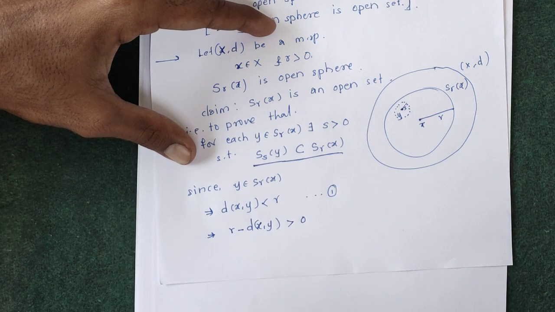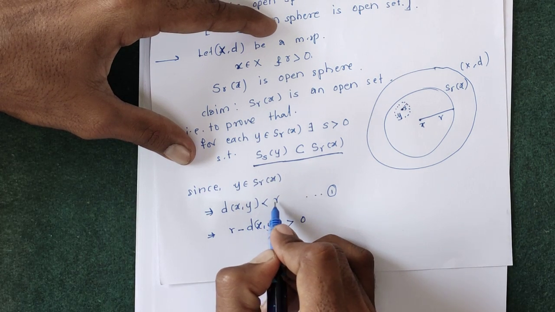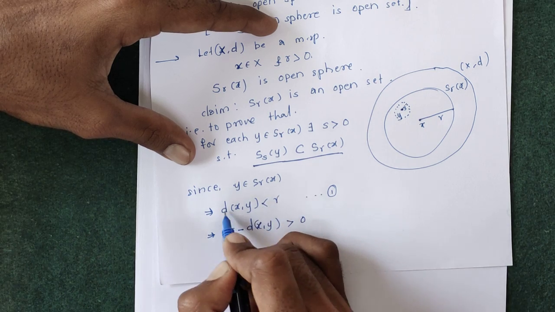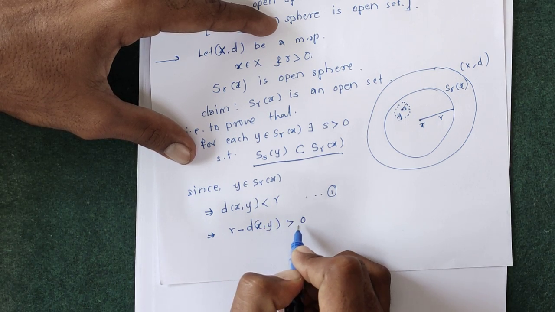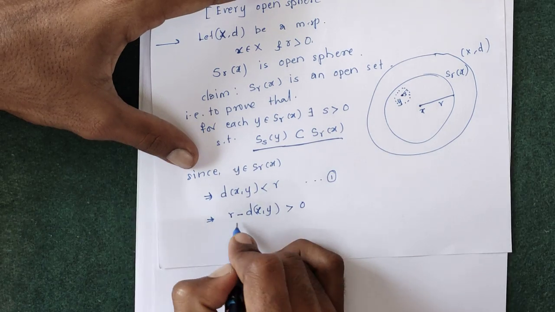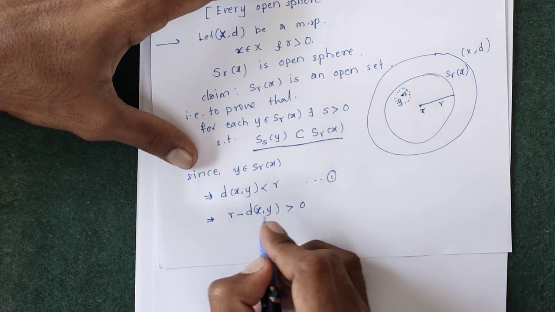Just writing it the opposite way: R is greater than d(X,Y), and R minus d(X,Y) must be greater than 0. Now we will choose this as radius S.